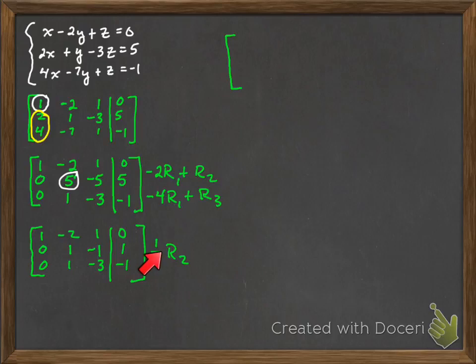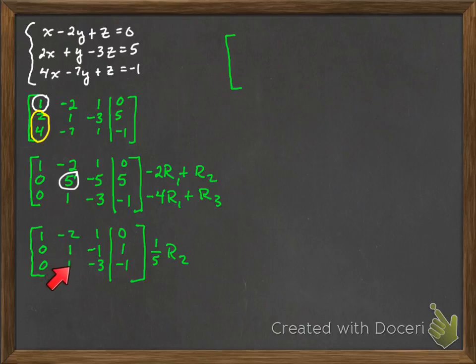All right, so now after we get the 1, our next step is to get a 0 underneath it. Just like we used this 1 to create these zeros, we're going to use this 1 to create a 0 here. So what cancels with a 1?